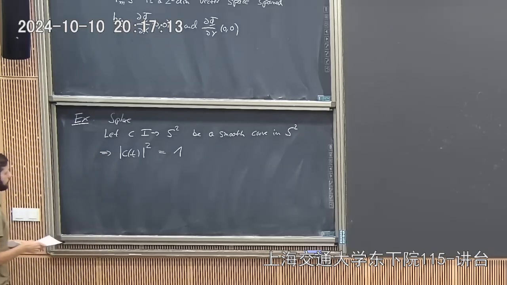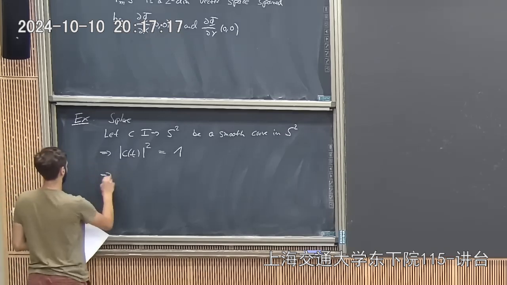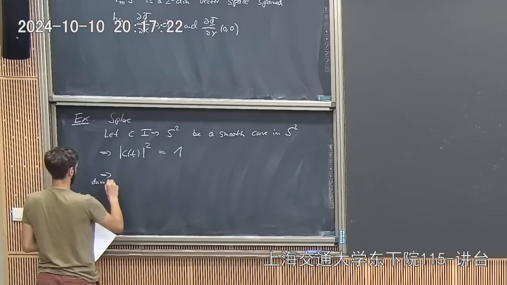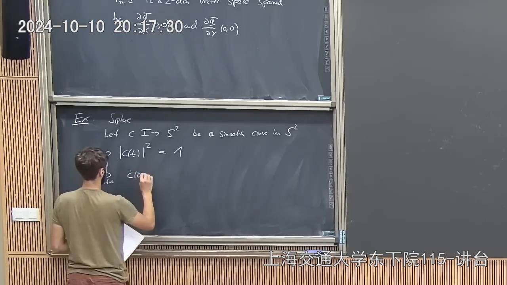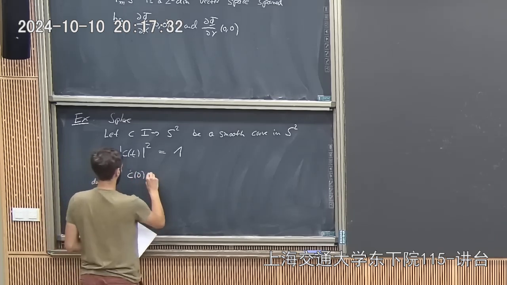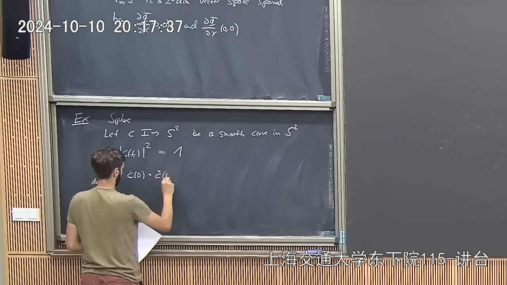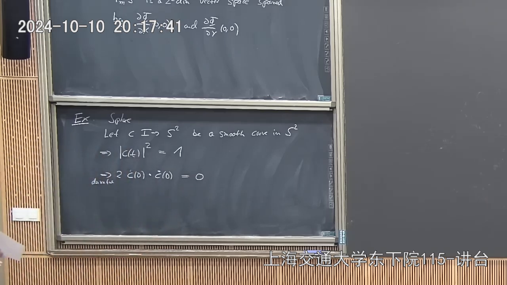So what we can do is take the derivative of that expression in t. And what we get is c of 0 times 2 times the first derivative at 0 equals 0.